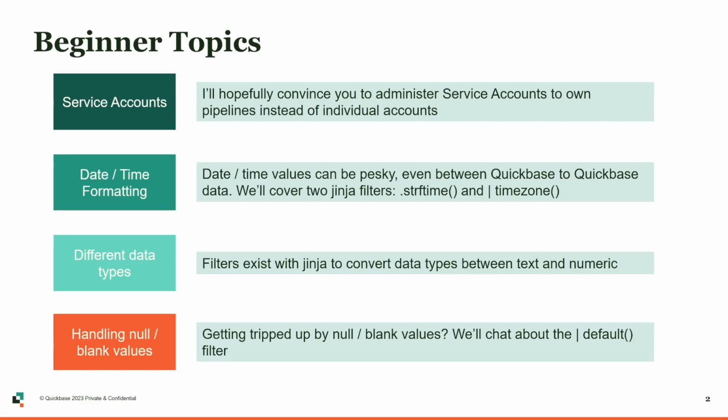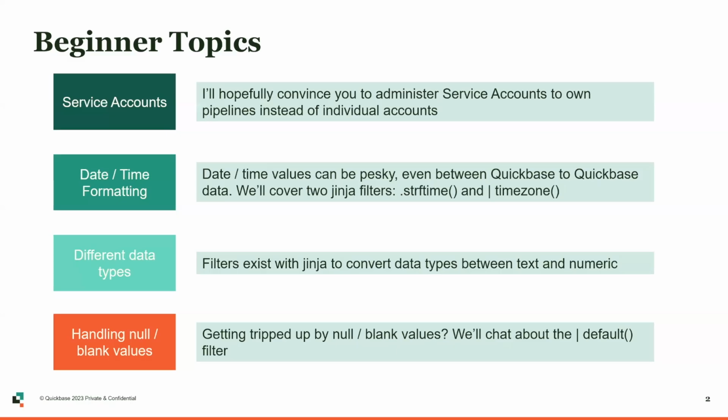So first, we'll just chat about the topics here. Service accounts: I will hopefully convince you to administer service accounts for pipeline ownership as opposed to individual users. We'll chat about date time formatting inside of pipelines using a couple of Jinja filters, because date time values can be tricky or pesky, even just Quickbase to Quickbase.